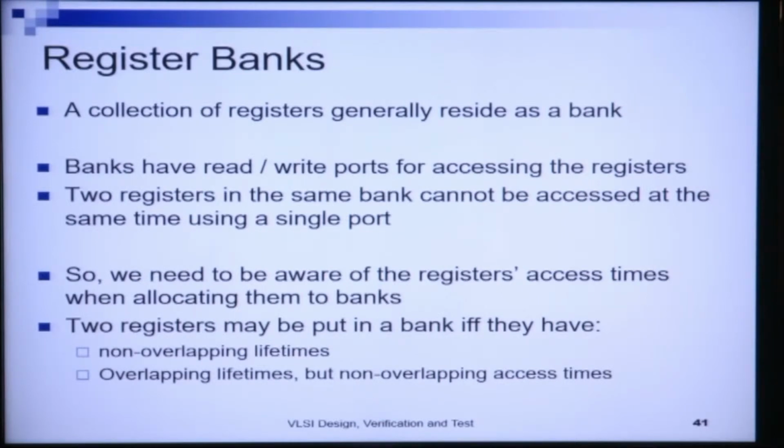So all temporary variables assigned to register 1 are in the interval, say this one, and all temporary variables in register 2 are in another interval, say this one, and these two are non-overlapping. Or the registers may have overlapping lifetimes but non-overlapping access times. So I cannot access the registers together.